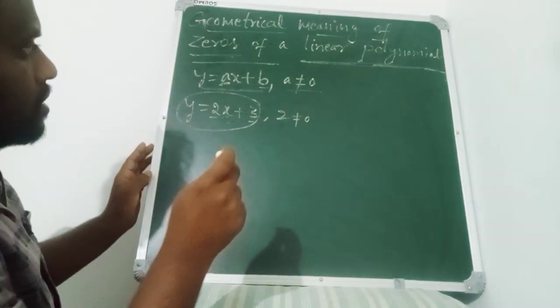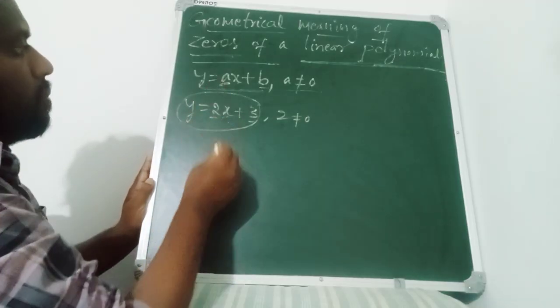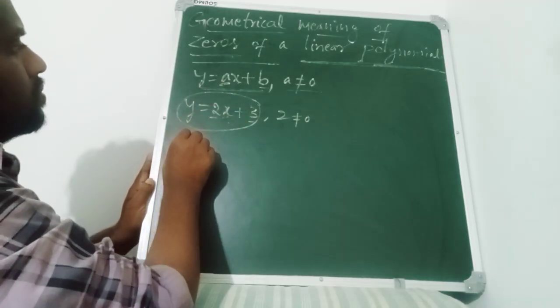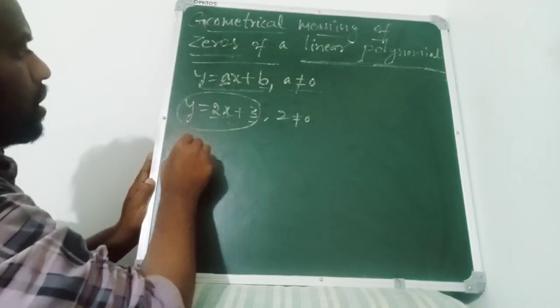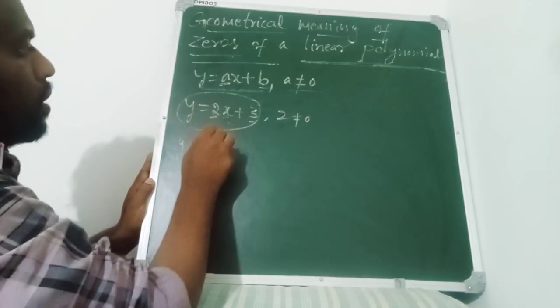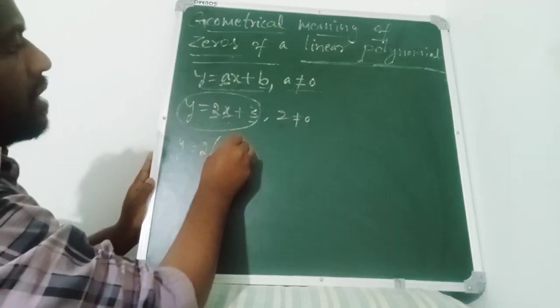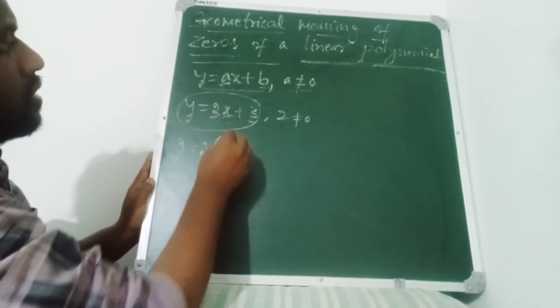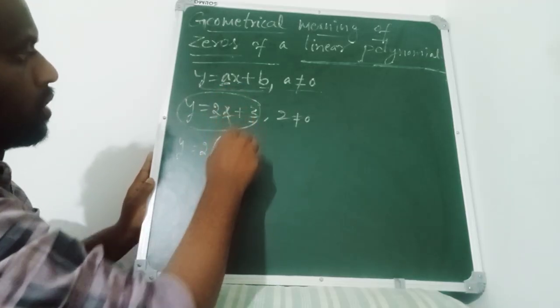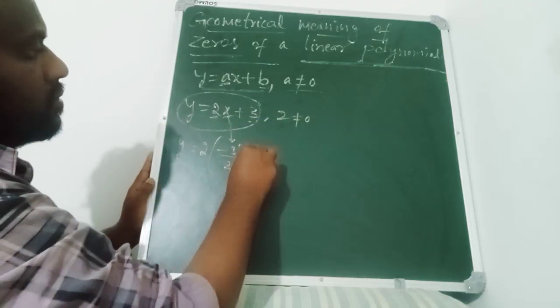Now for example, y is equal to 2, as it is, and in place of x I will take minus 3 by 2. In place of x I have substituted this, then plus 3.